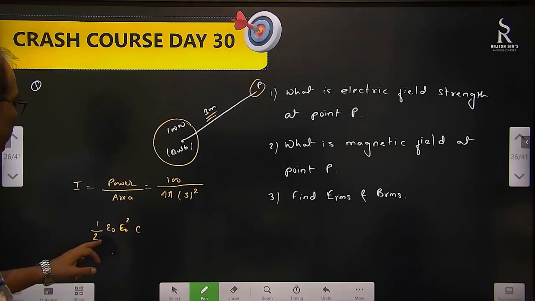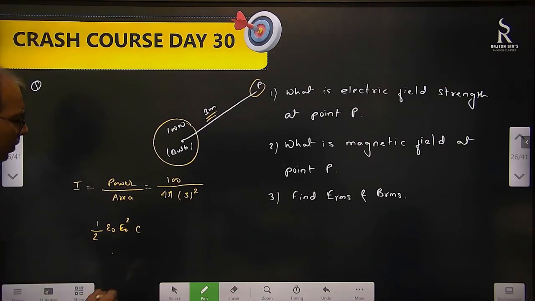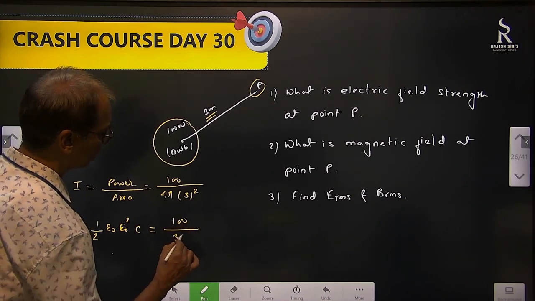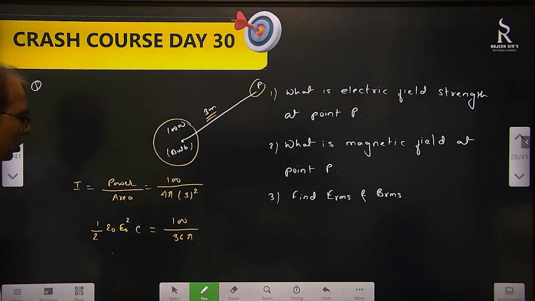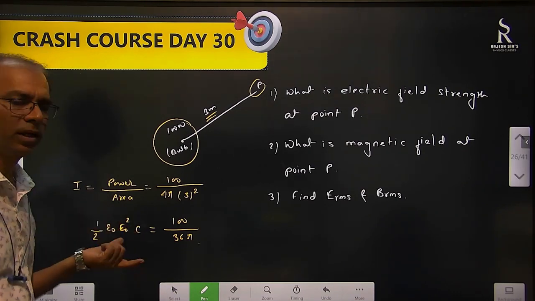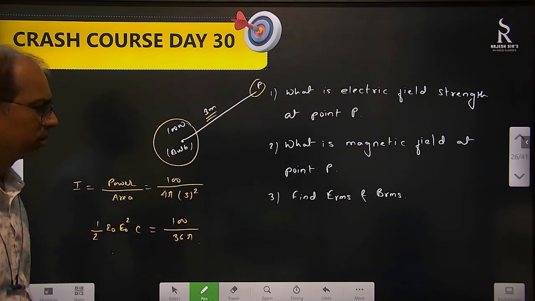So we can find it very easily. So 100 by 4 pi into 9, that is 36 pi. Epsilon naught we know, half is there, C is 3 into 10 to the power 8. Epsilon naught we can find, no problem.